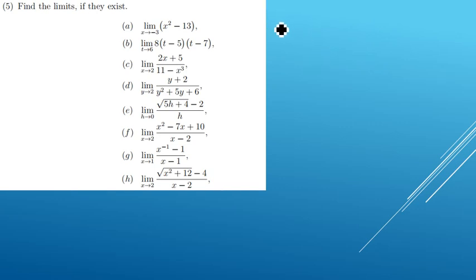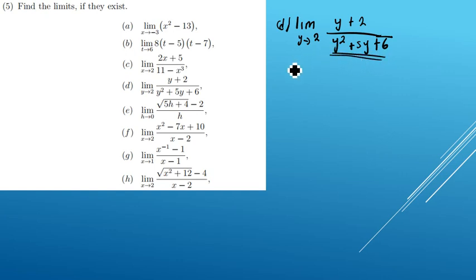For D, we find the limit as y is approaching 2 of (y plus 2) over (y squared plus 5y plus 6). The first thing to do is simply to work out the denominator.